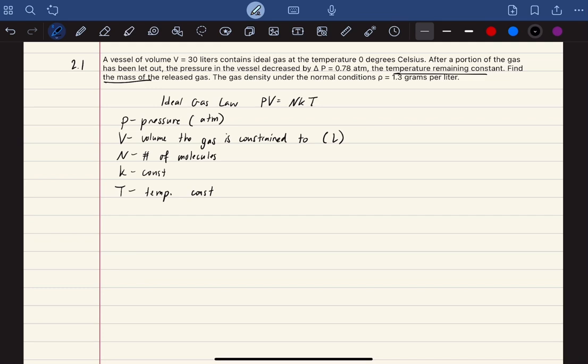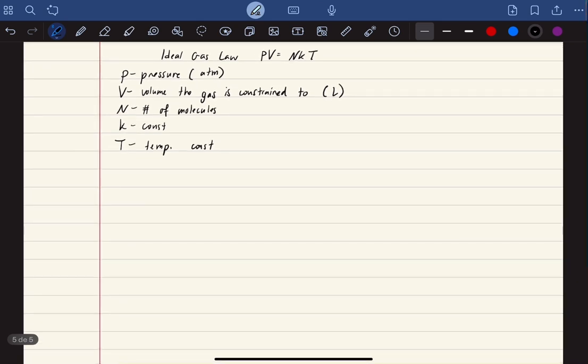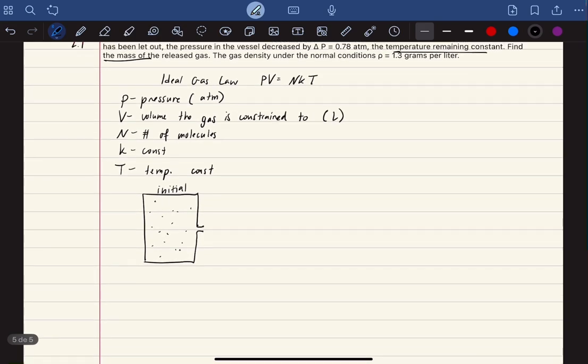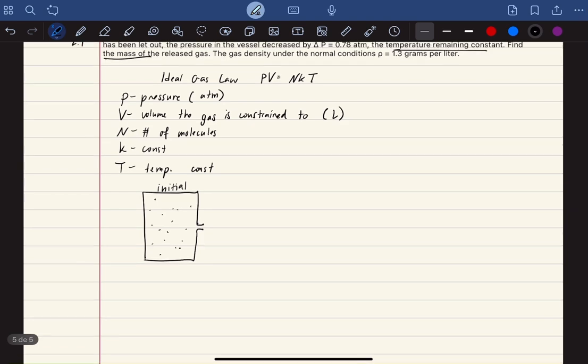First, let's draw out what is happening. We have an initial container with gas in it. Those are molecules of gas. We have a little valve that's releasing some of the gas into a different container, so a portion of the gas is being let out.